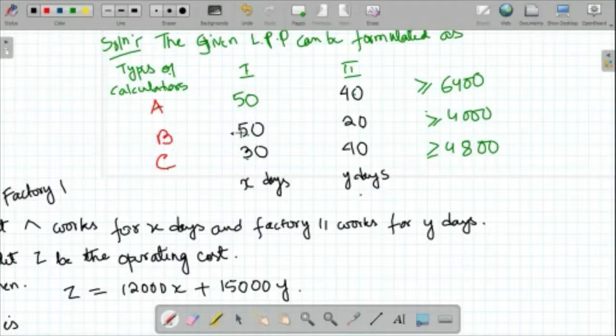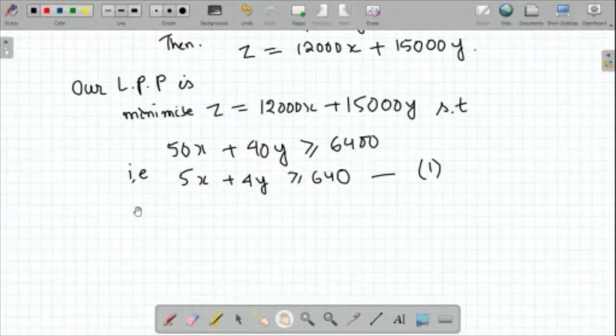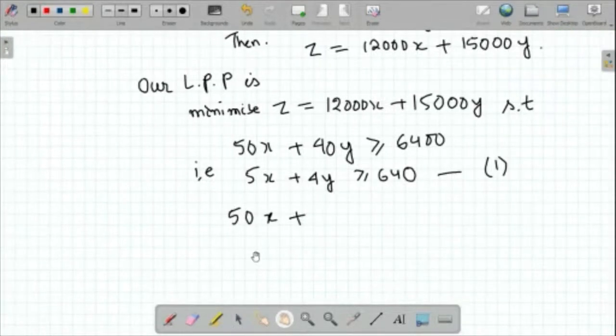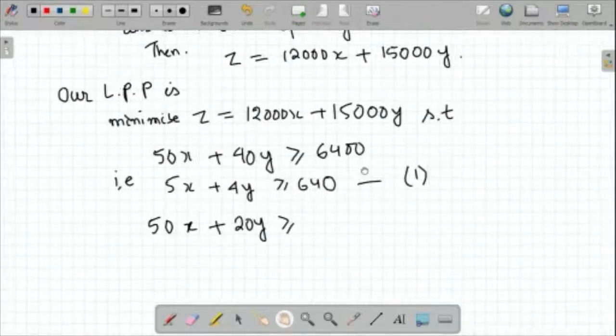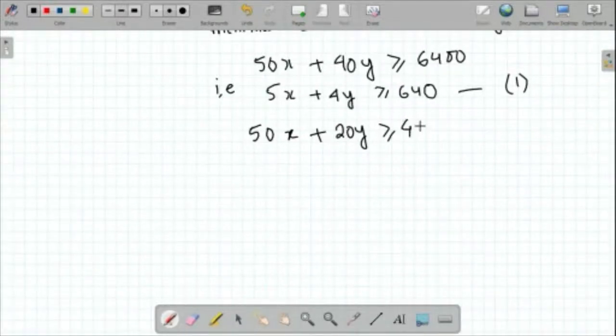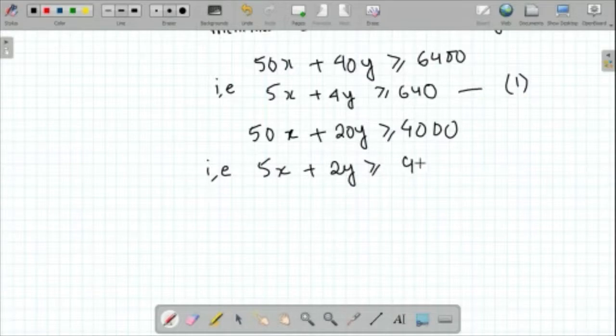So it will be 50 times of x, and 20 times of y, it should be greater than or equal to how much? 4,000, right? 10 is common, so we can write this as 5x plus 2y should be greater than or equal to 400, and that is my equation number 2.